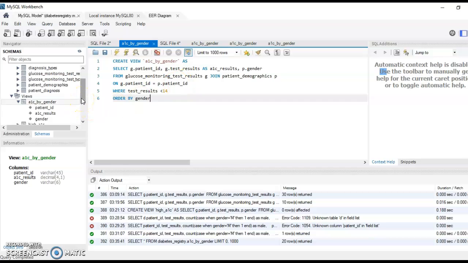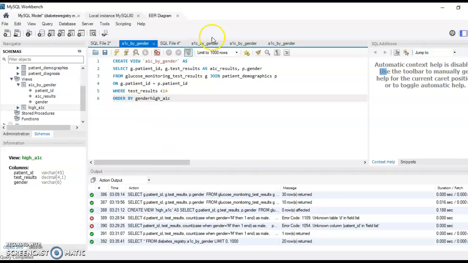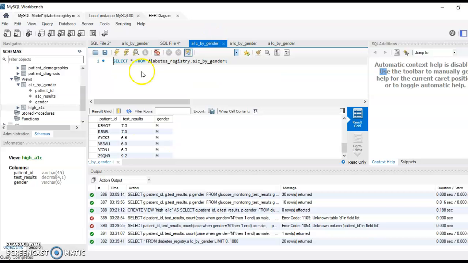Then my second view, I called it high A1C, which is here.